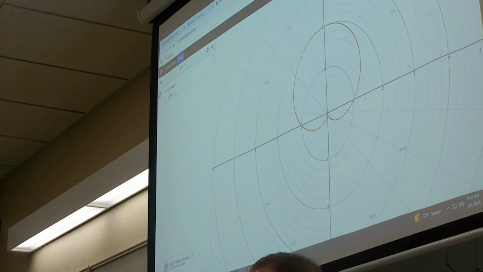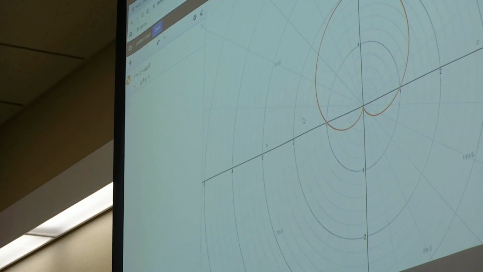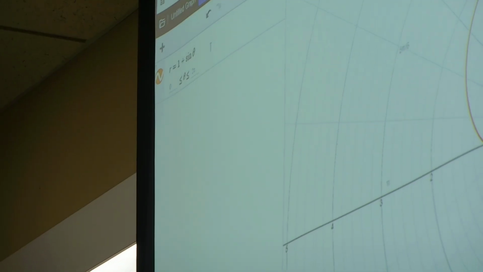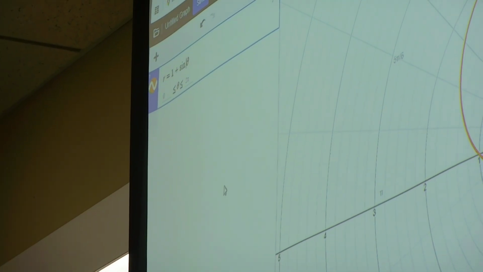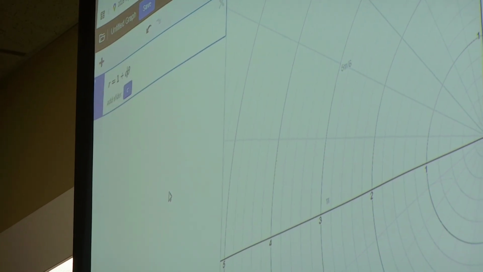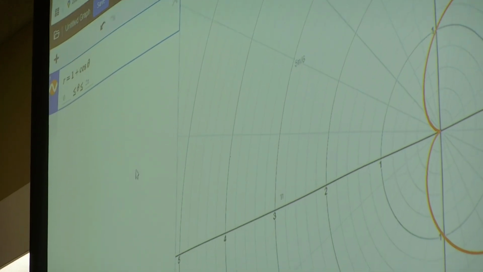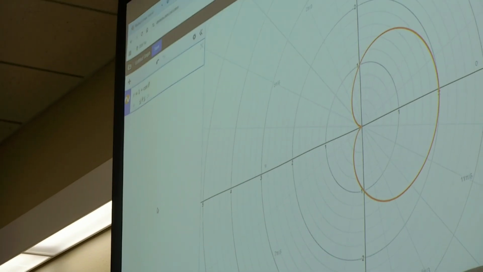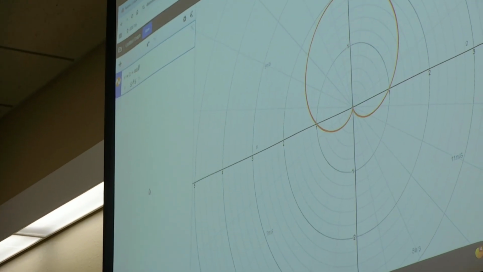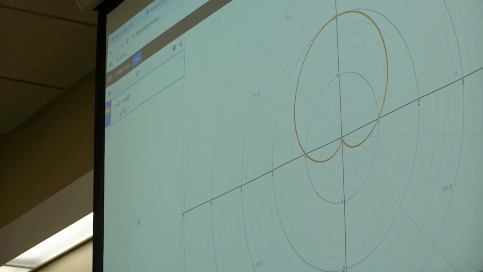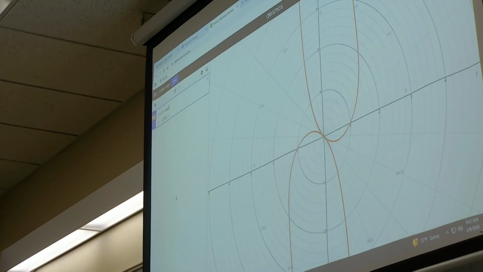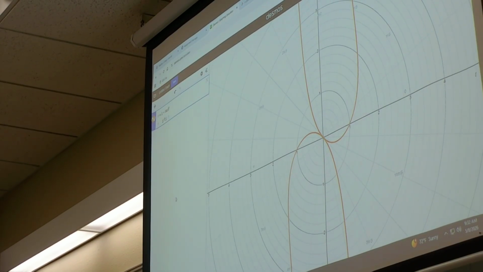So here it is. We call that a cardioid. Let's see what happens if we put cosine in there for fun. Oh, got another cardioid going that way. That's the one we just did. I don't know what tangent will do. Tangent does weird stuff.